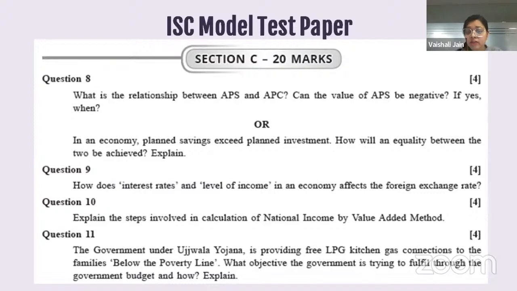Now, in question number 11, we can see that this is an application-based question. That's a little bit of a hot variety of question. The child has to see it's an application of GK in economics. The government under Ujjwala Yojana is providing free LPG kitchen gas connections to the families below the poverty line. What objective is the government trying to fulfill through the government budget and how?